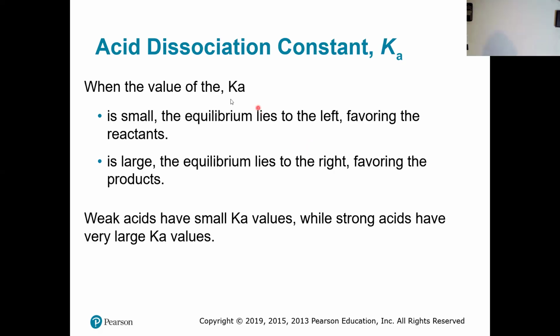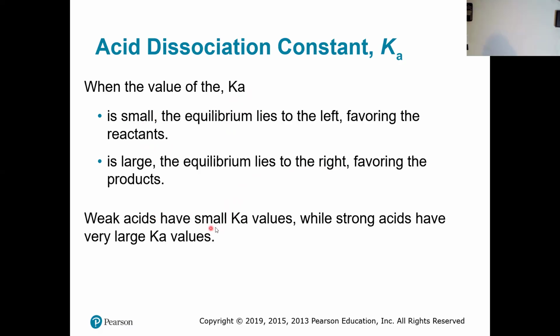When your Ka values are very small, the equilibrium is going to lie to the left towards your reactants, meaning you're not going to make much product. When your Ka value is very large, the equilibrium would be towards the right, favoring the products.